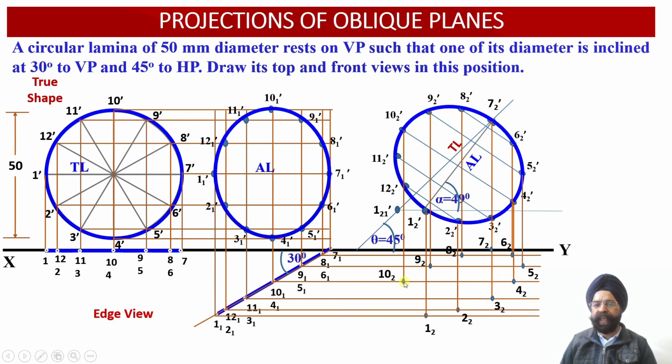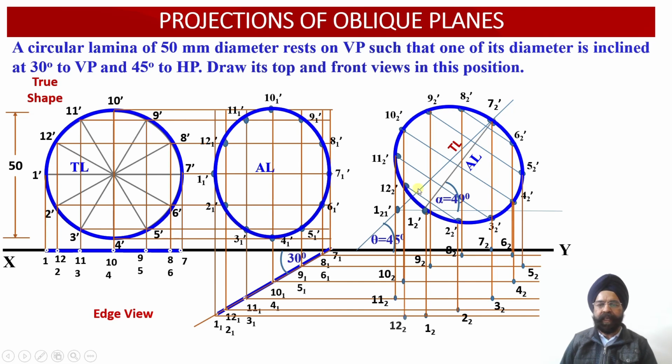So this is point 10 2. This is the intersection point corresponding to the vertical projector from 10 2 dash and the horizontal projector from 10 1 over here. And next you have point number 11. Here you can see this is point 11 2. This is obtained by virtue of the intersection of the vertical projector drawn through the point 11 2 dash and the horizontal projector drawn through the point 11 1 over here.